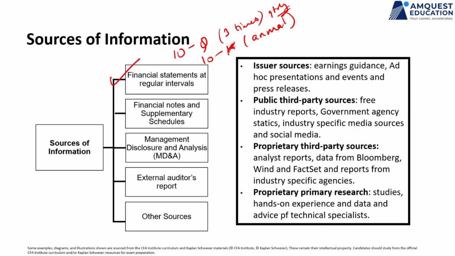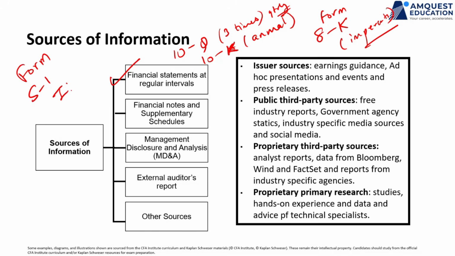And then whenever there is some important event, US companies publish 8K, Form 8K. 8K is for important events, right? So like this, there are many forms. S1. S1 form is when US companies are going for IPO, right? So they publish an S1.